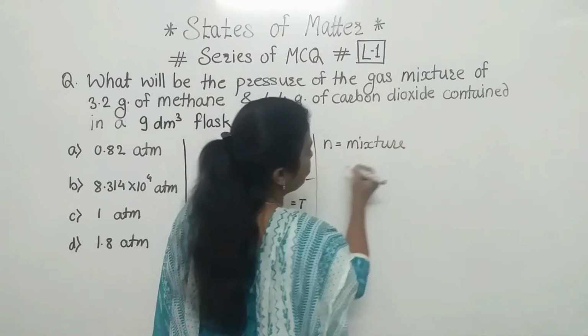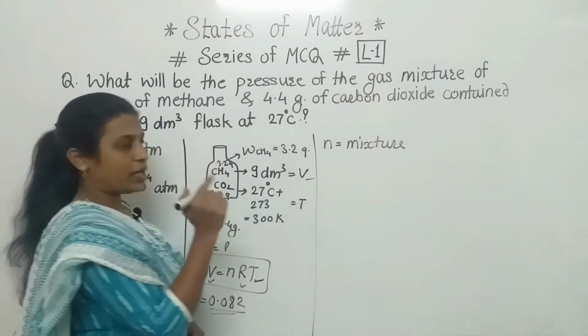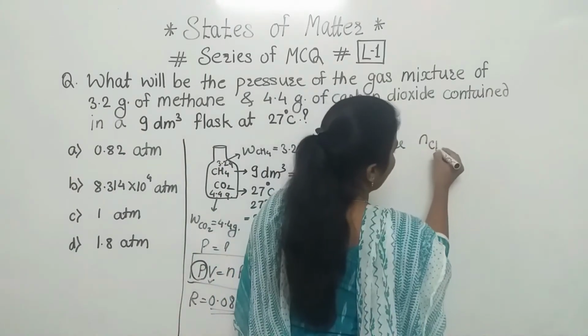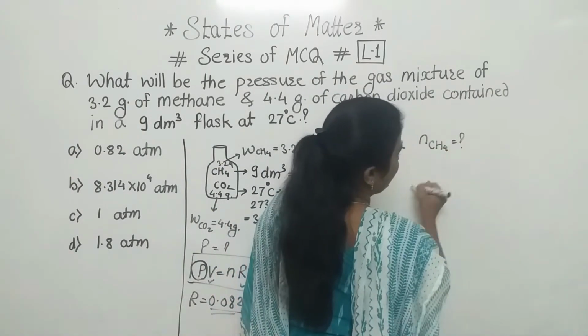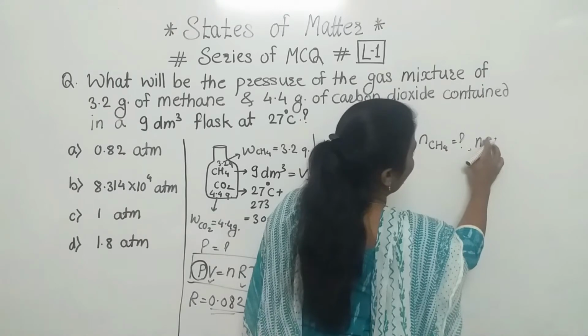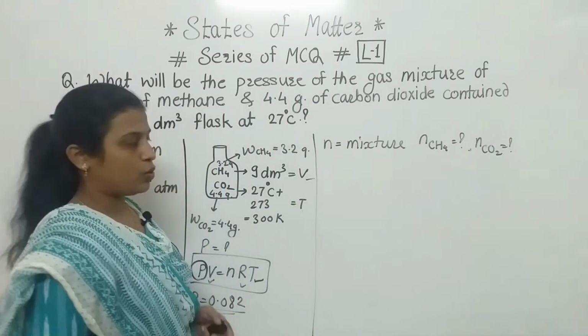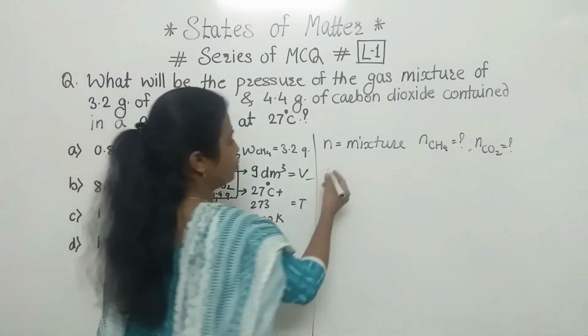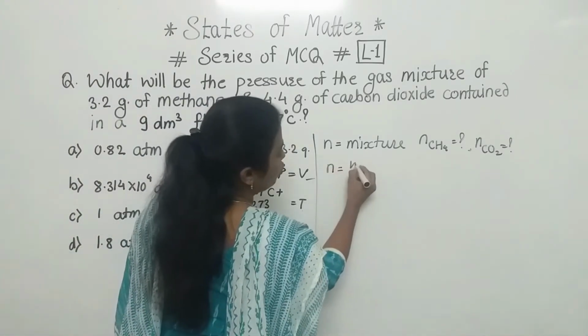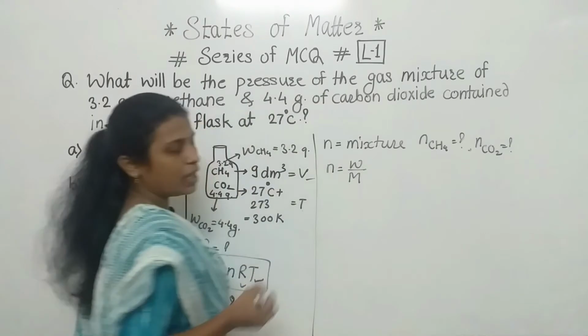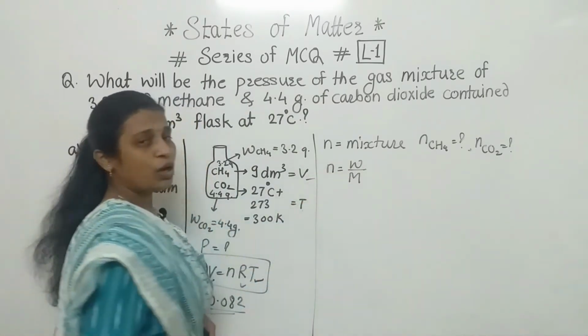As the mixture has two gases, we have to calculate the number of moles of CH4 as well as the number of moles of CO2. As we know, the formula is number of moles equals W upon M, means mass upon molar mass.